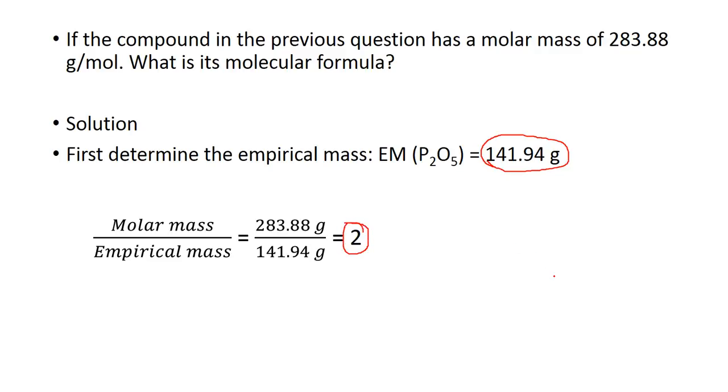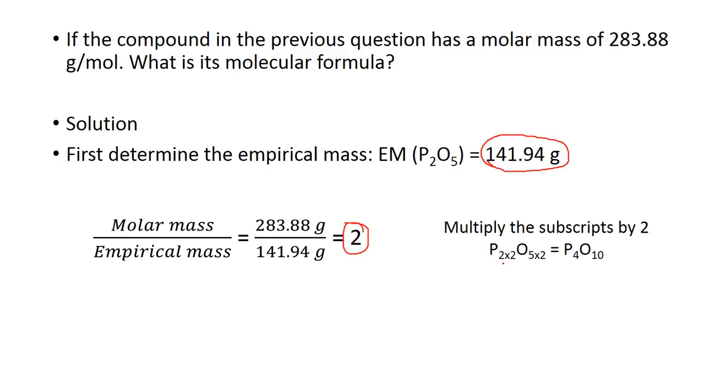So what do we do with this 2? The 2 here indicates that the empirical formula should be multiplied by 2 to obtain the molecular formula. So what you are going to do is to multiply these numbers here by 2.